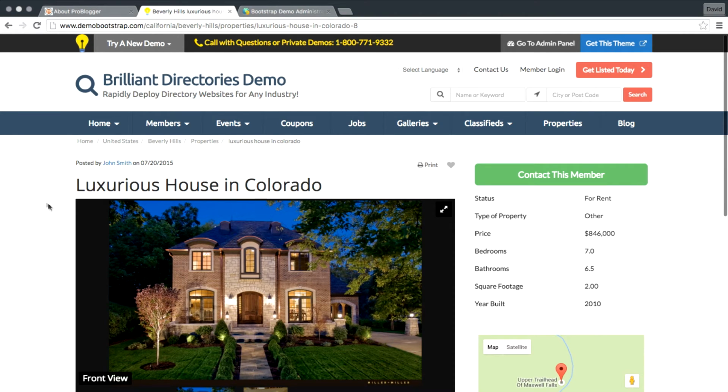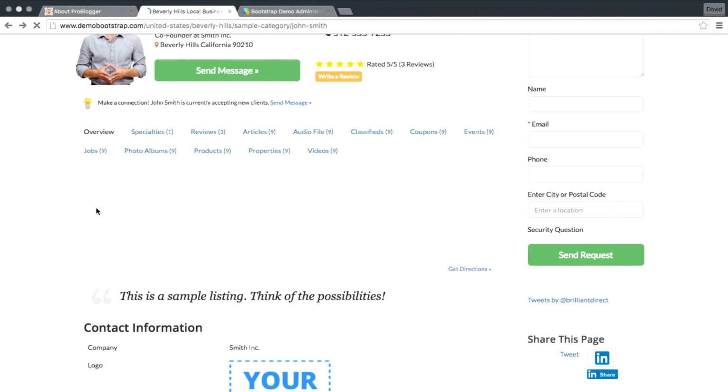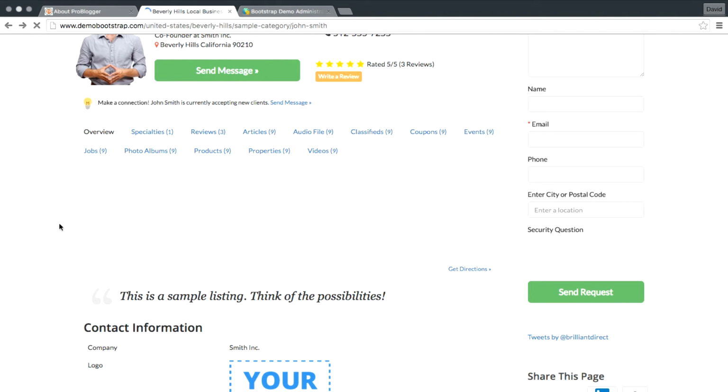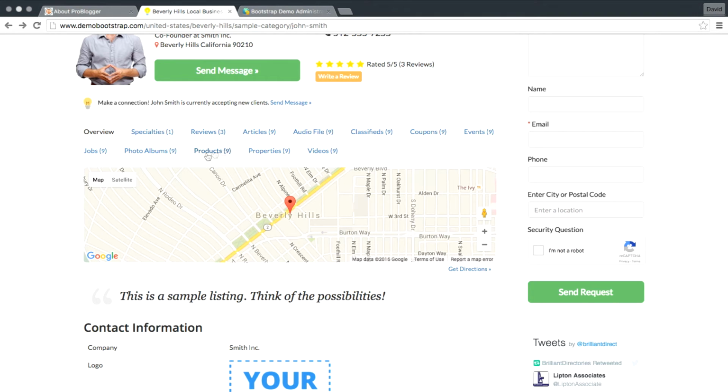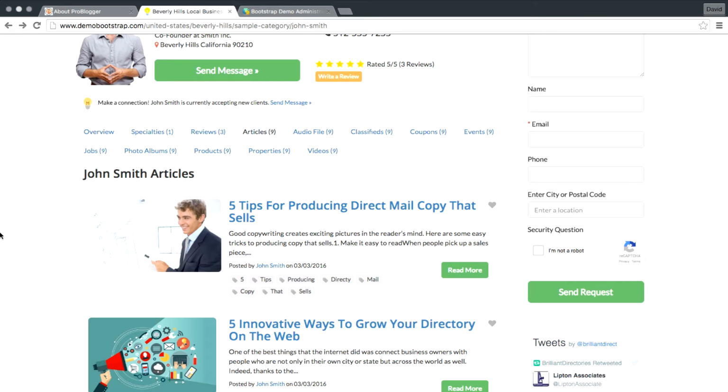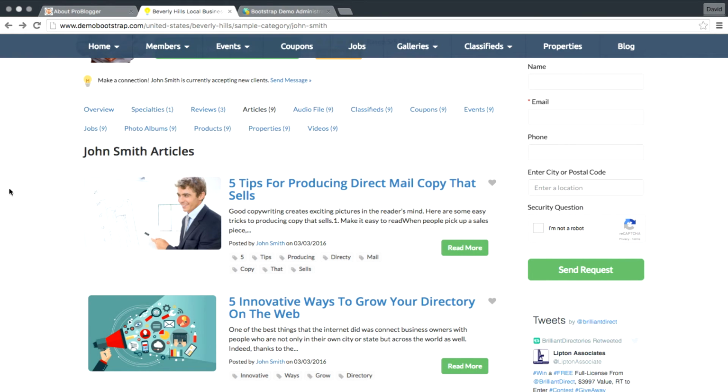Exactly. And going back into the types of content they can publish, one of the most universal forms of content that would really work for any sort of website would be the articles. So John or any other member can post their own articles, essentially have their own blog on your website.